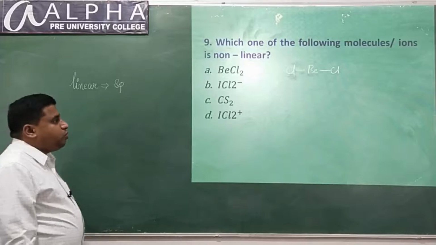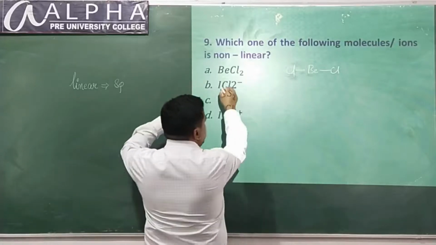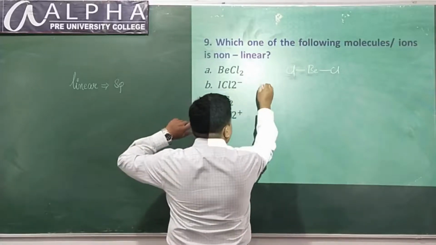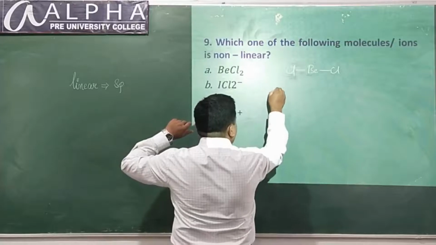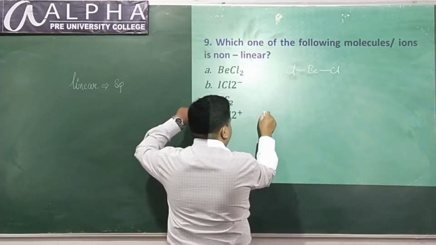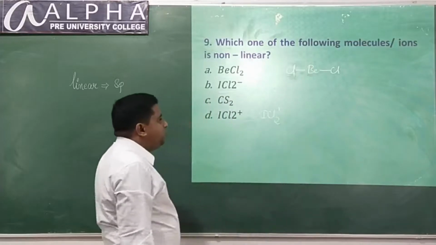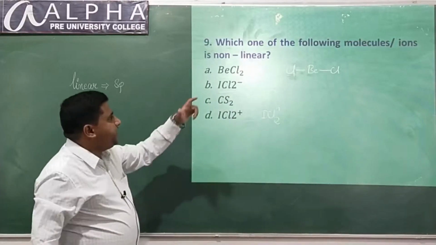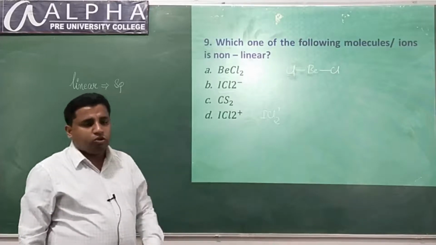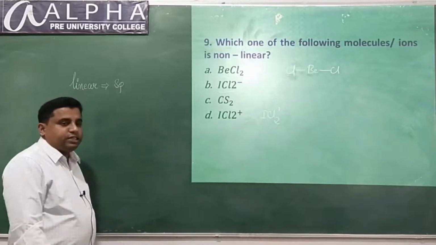Actually, it is a printing error. It should be like this: ICl2 minus, carbon disulfide, and this is ICl2 plus. Beryllium chloride is a linear molecule because it is sp hybridization.